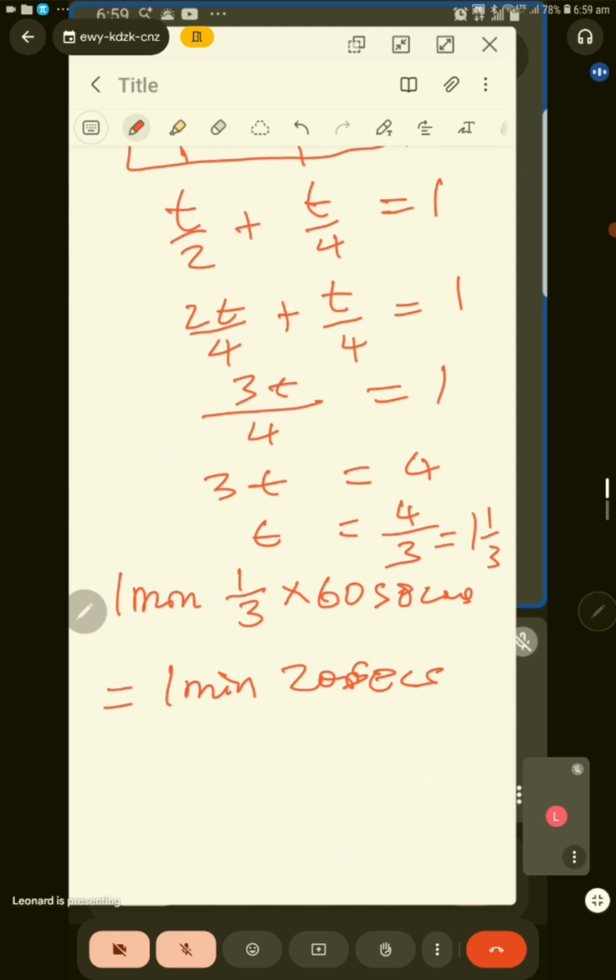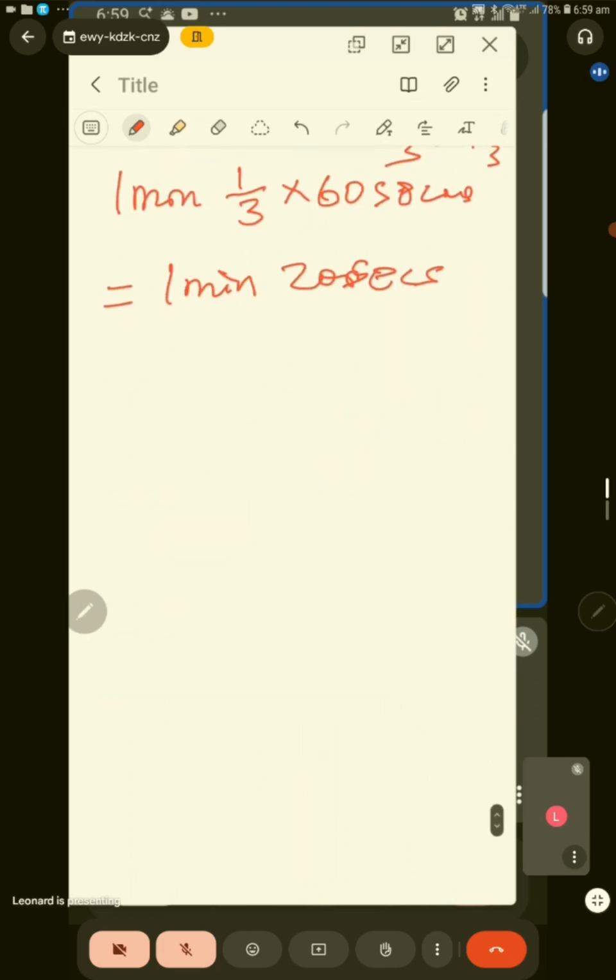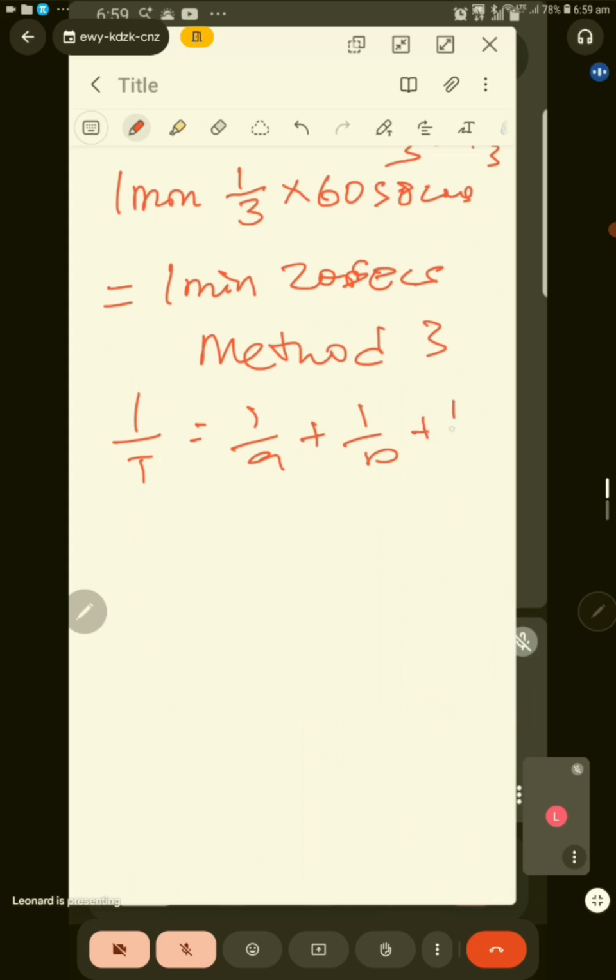But now, let's introduce the third method: to use 1 over t equals 1 over a plus 1 over b plus 1 over c, down to infinity.